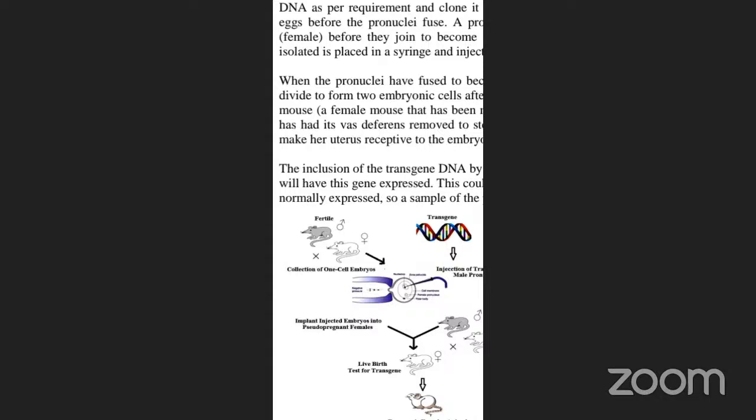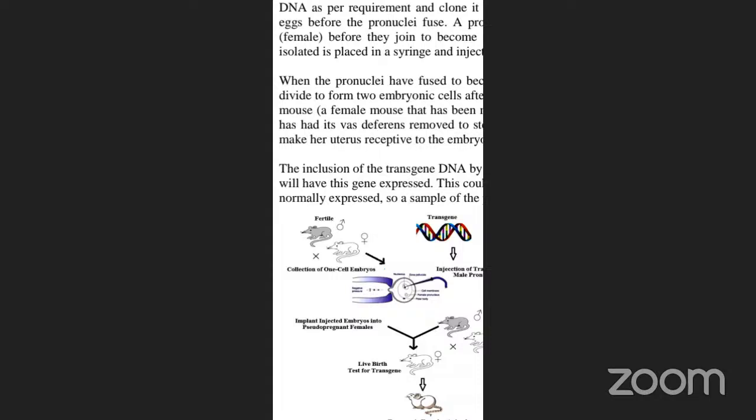A round with an arrow at the top is female, and a round with a plus symbol is male. We have the pronucleus of female and the pronucleus of male. Both are fertile. Fertile means which can give birth. Now after fertilization, one-celled embryos were collected.